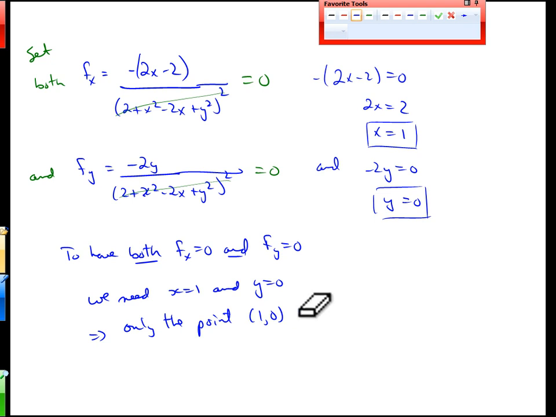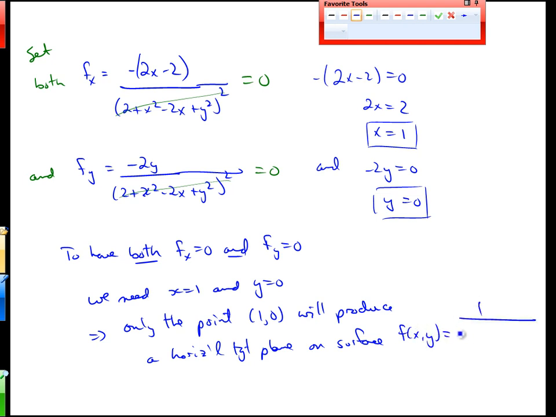will produce a horizontal tangent plane on the particular surface, which was f of x, y equals 1 over 2 plus x squared minus 2x plus y squared.